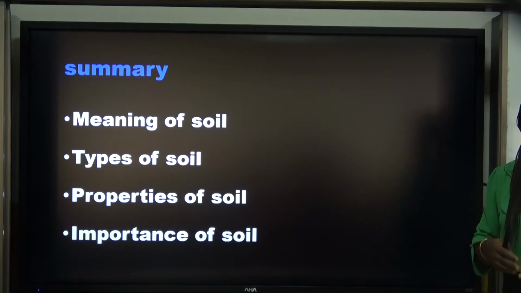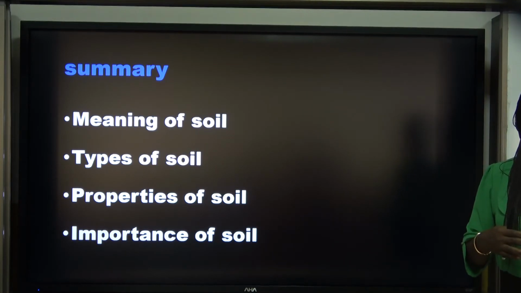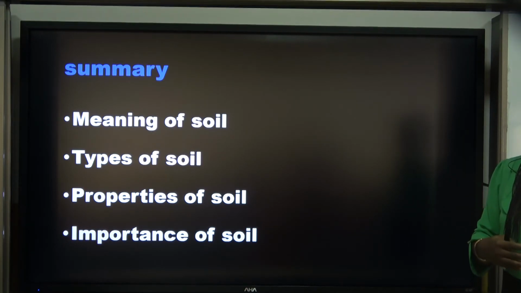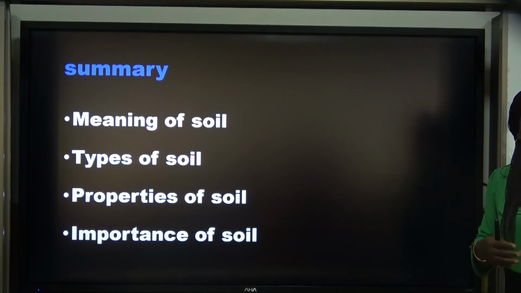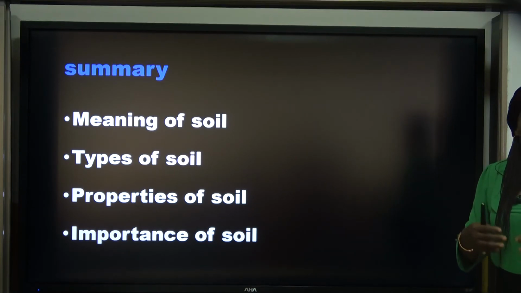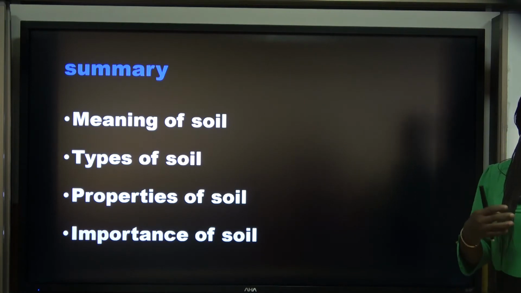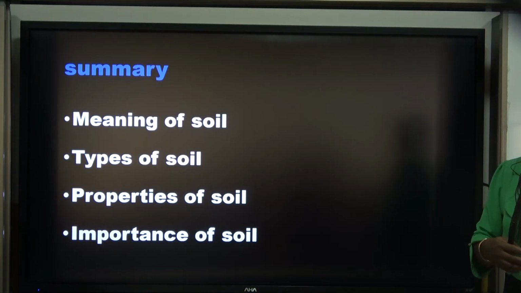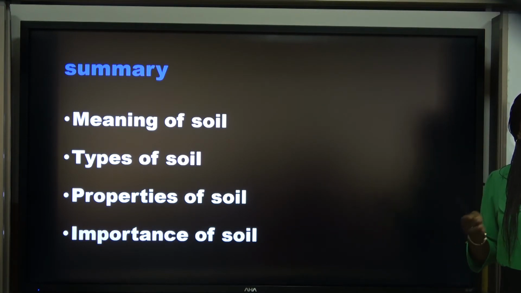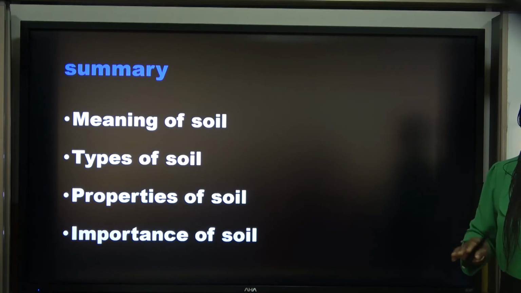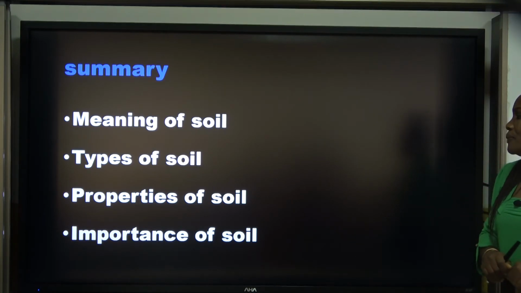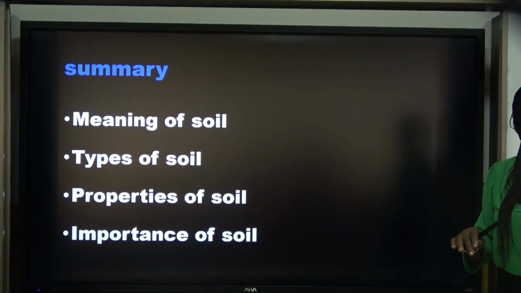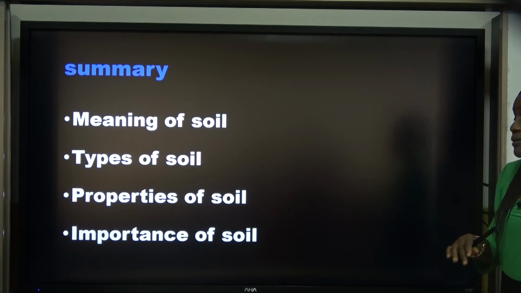Because our sense, our planning abilities, and reasoning are higher than animals. And also, we have language capacity, a full-blown language capacity more than animals. That is why we are higher animals. Else, we are all animals. So we have talked about the importance of soil to both plants and animals.